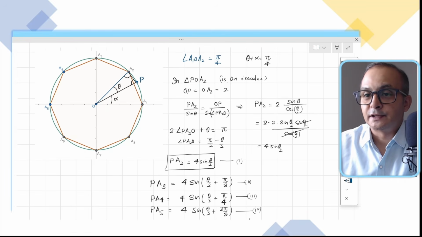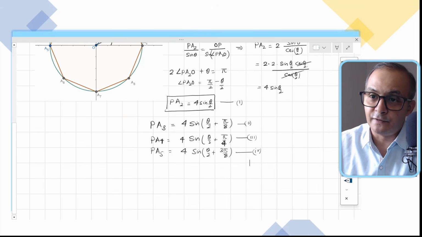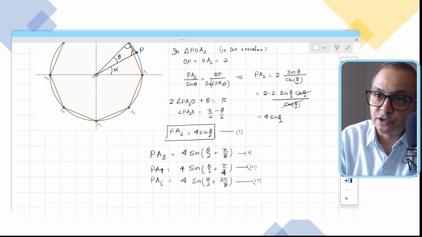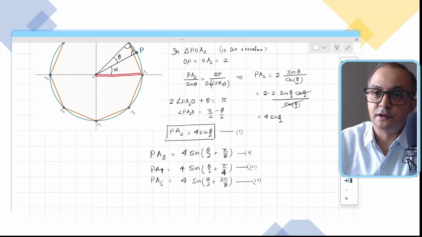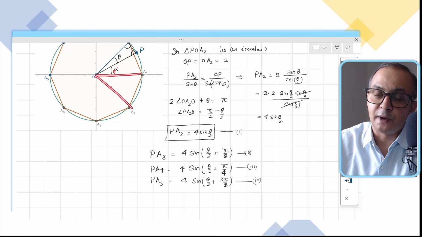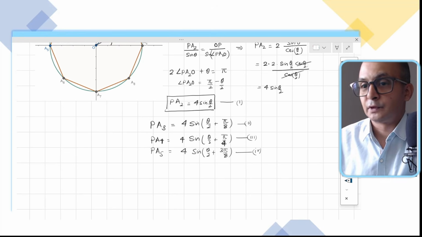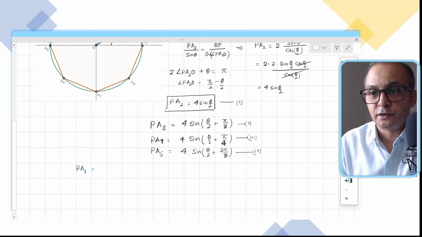You notice each of these thetas, whatever I have found before, will be replaced by alpha, because the same kind of calculation we are going to do in the clockwise direction in terms of alpha, because this is alpha and this will become alpha plus pi by 4. So can I write PA1 as 4 times sine alpha by 2.